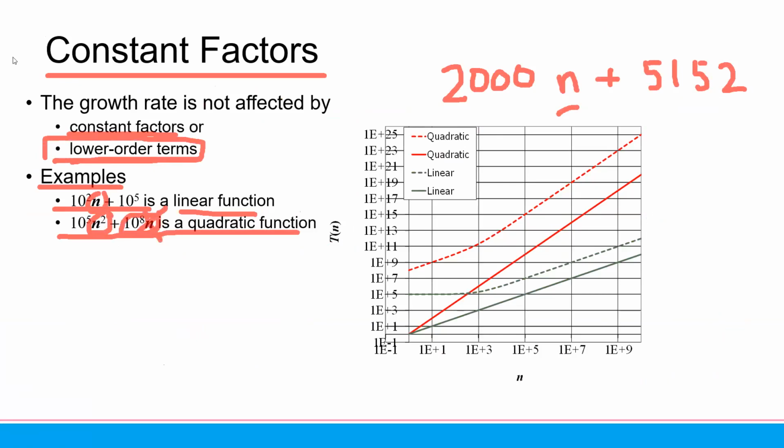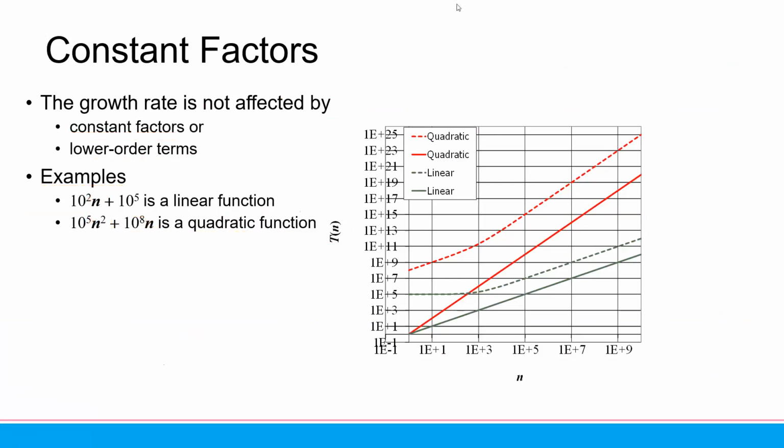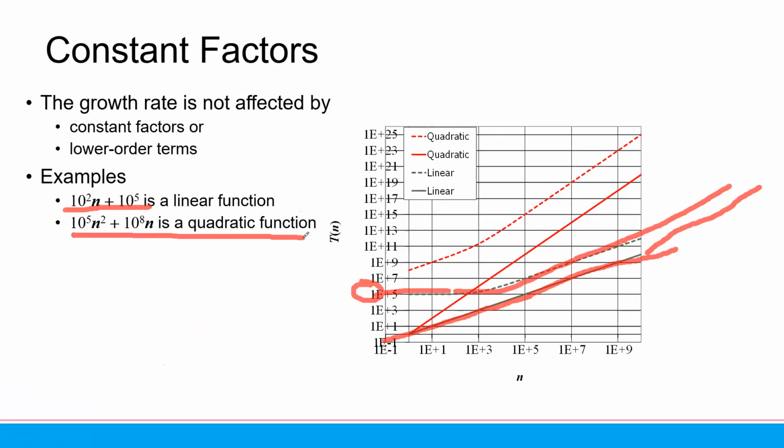So for example, if it is linear like this one, a function like this might look something like this because there's a constant at the first time, and then it will go on the same line at the end. The same with this one, the quadratic function.